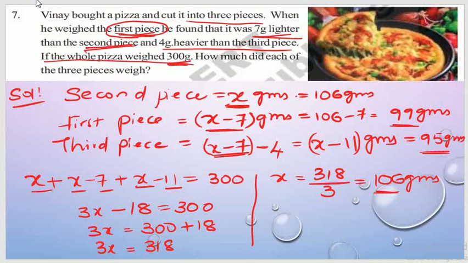Then I am going to get the third piece value as x minus 11. And he has given the weight of the pizza as 300 grams. So clearly I can take the sum of those three parts as 300 grams. On solving that, we got x equal to 106 grams. Then automatically we are going to get the remaining two parts as well.